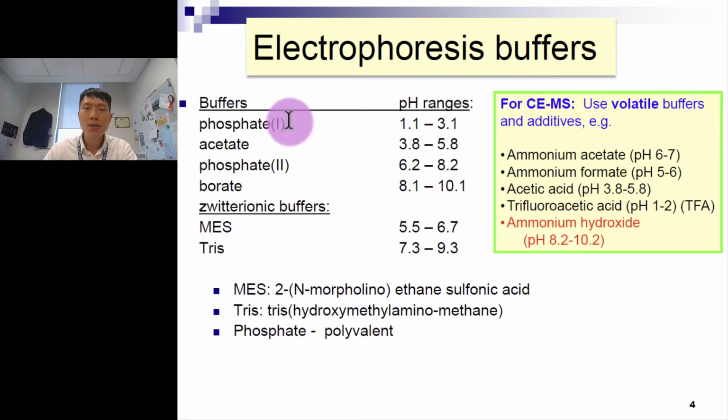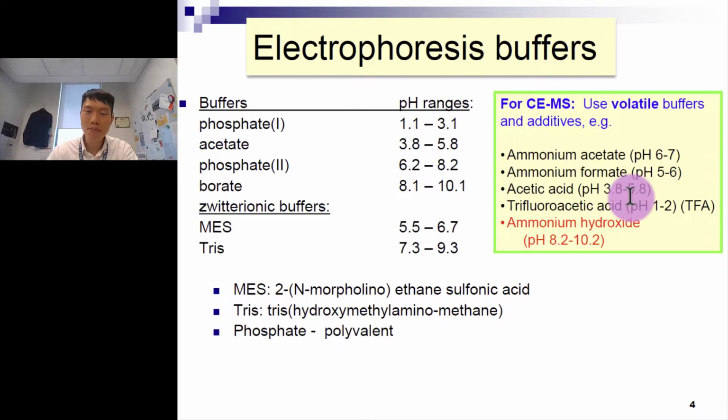For CE-MS, we try to use volatile buffers because in the end, for the MS part, we need to vaporize it. So what are some of these good volatile buffer additives? They include your ammonium acetate, ammonium formate, acetic acid, trifluoroacetic acid (TFA), and ammonium hydroxide. This is just your ammonia, right? Aqueous ammonia.